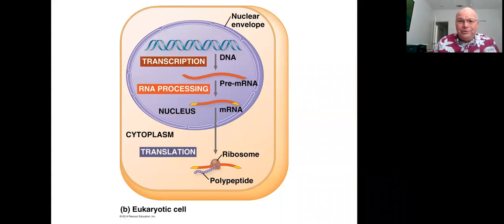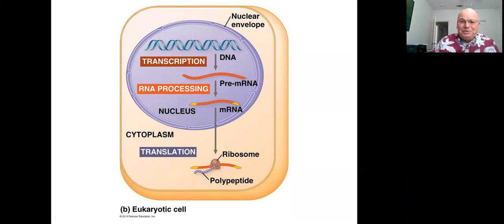Then, as you'll see, while the product of transcription in bacteria is in fact the intact and ready to use messenger RNA, the same is not true in eukaryotes. The transcript is not a ready to go messenger RNA. The transcript, or what is referred to here in the diagram as pre-messenger RNA, needs to be processed.